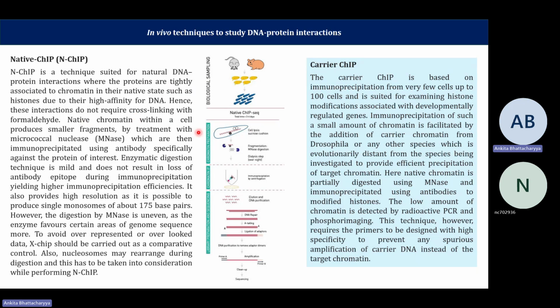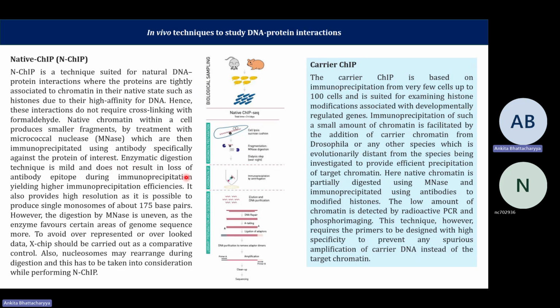And native chromatin within a cell can produce smaller fragments by treatment with micrococcal nuclease. An enzymatic digestion strategy instead of sonication may be used. And then immunoprecipitation can be performed using antibodies against your protein of interest. Now, enzymatic digestion technique is mild.